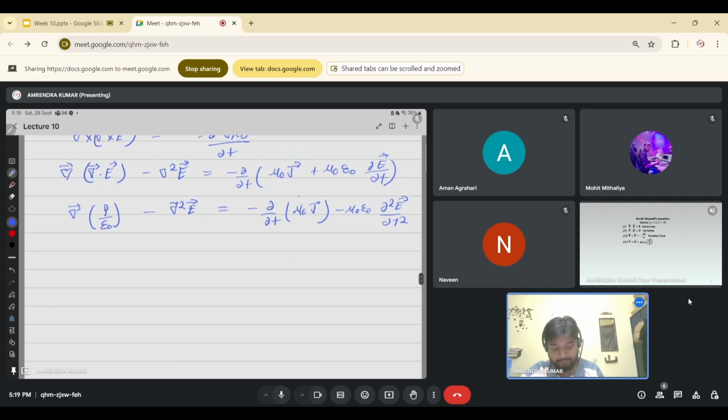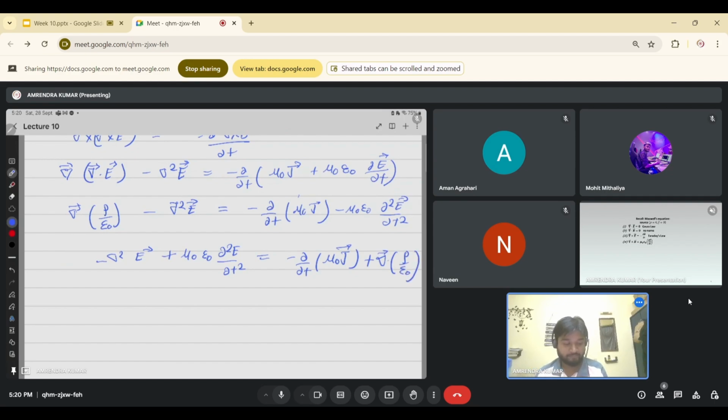That means we have del square E minus mu 0 epsilon 0 del square E over del t square equal to del of rho over epsilon naught plus del over del t of mu 0 J.